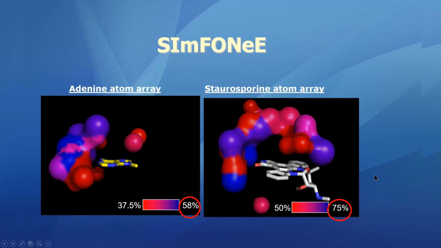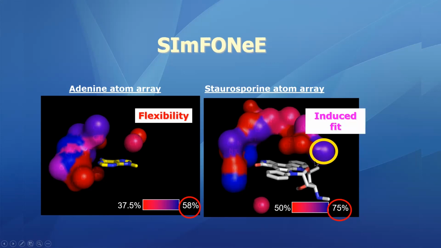Nanotechnology is 10 to the power of -9 meters. This one is 10 to the power of -10 when we measure, so it's like 10 times smaller than the nanotechnology field. You can see that the ATP pocket has more flexibility than the staurosporine pocket, and the staurosporine pocket has an induced fit atom at this position.